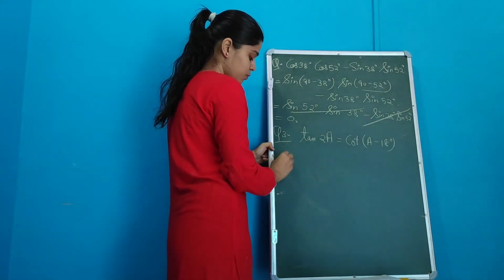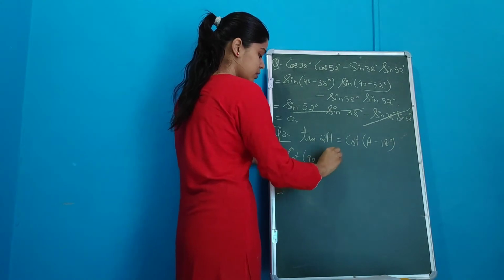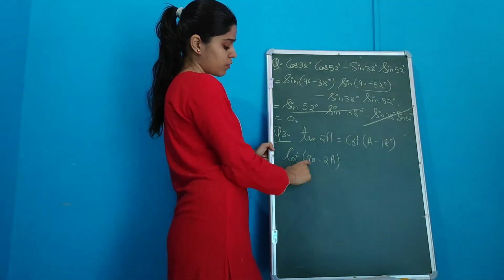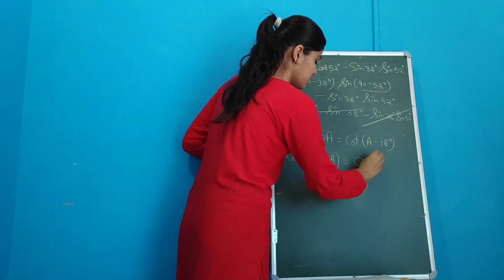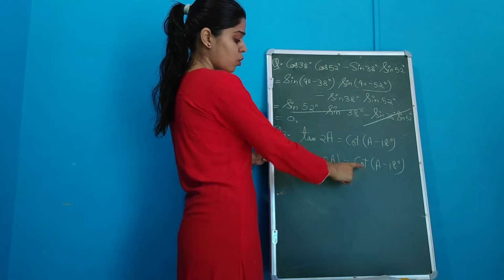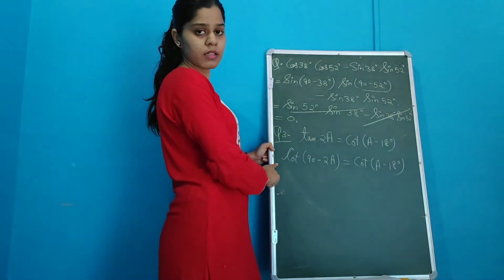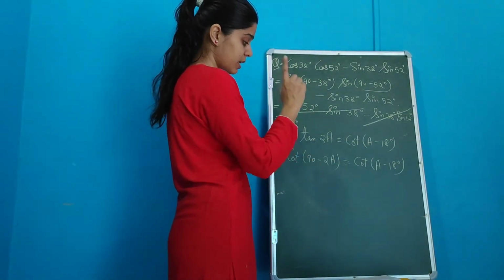So tangent को cot of 90 minus 2a I can write, cot of 90 minus 2a will become tangent a, remaining will remain the same, a minus 18 degrees, and here cot से cot, yes, same function से function को हम neglect करेंगे in our minds.